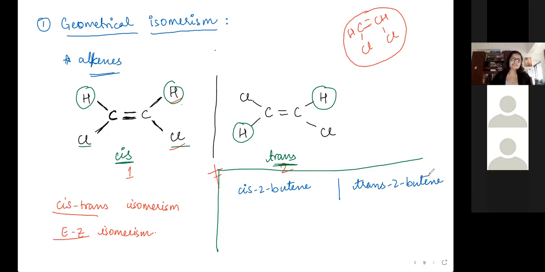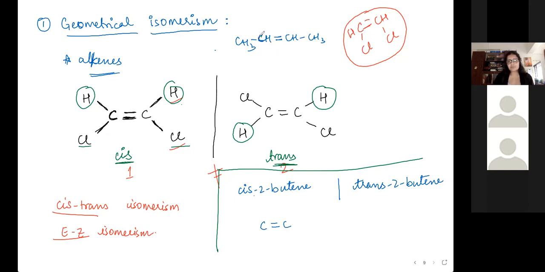Okay, so cis means same side. So butene is basically 4 carbon atoms. So butene, if you see, you have CH double bond CH and then CH3 and CH3. So 2-butene hai, center mein there's a double bond. So cis-2-butene means the same atoms should be on the same side.